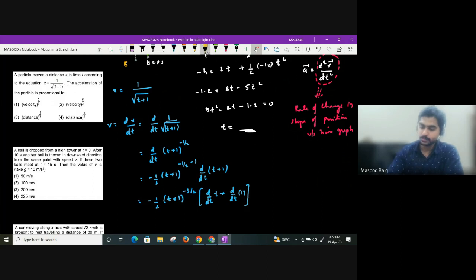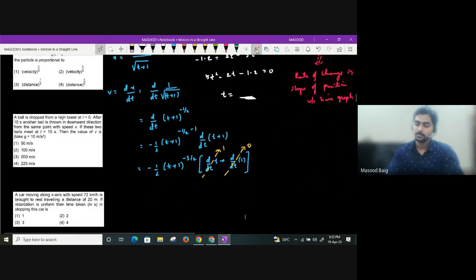What is the derivative of t with respect to t? This is anyhow 1. What is the derivative of 1 with respect to t? It is 0. So what will I get velocity as? Velocity, if you want to find, I am going to get as minus 1 by 2 into (t plus 1) whole power 3 by 2.